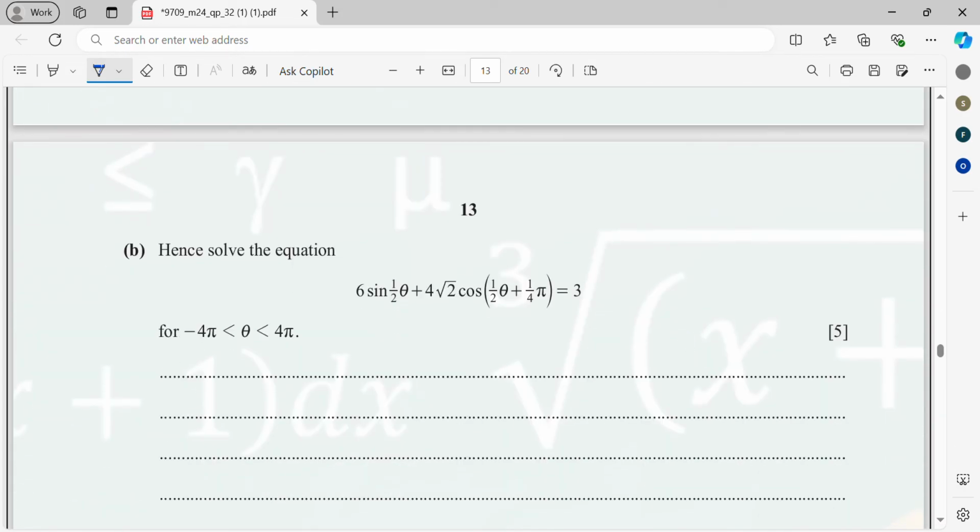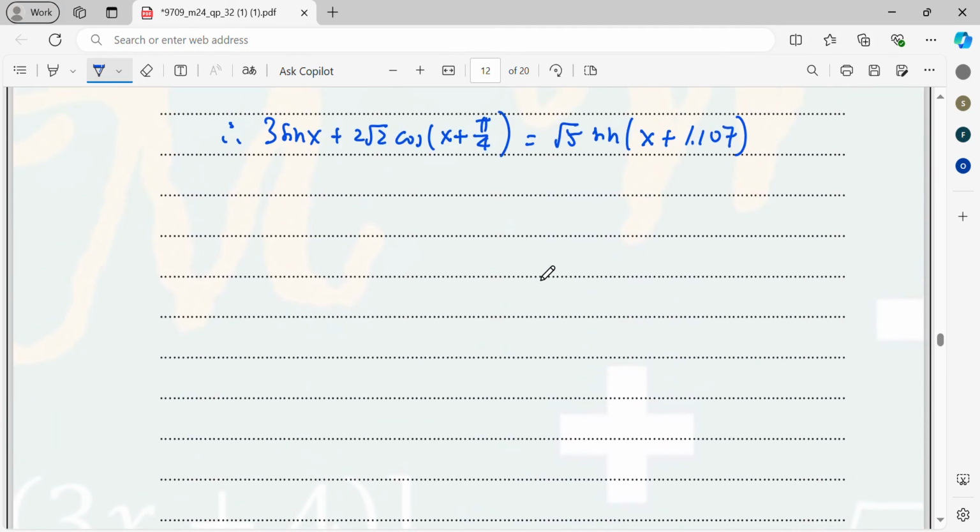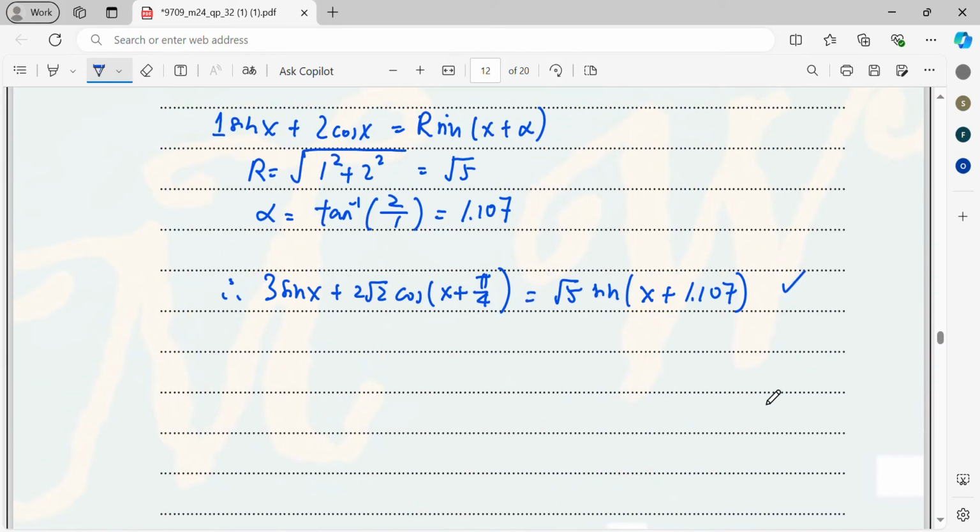Okay, now B, hence. Hence means use the previous answer, solve the equation. So here you get 6 sine half theta plus 4 root 2 cos. Hence means use the previous solution, so now I will rewrite this first.